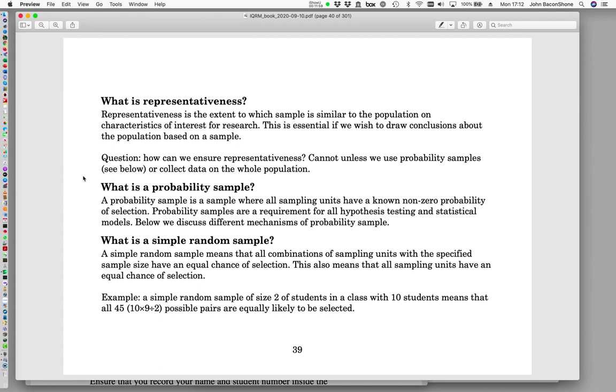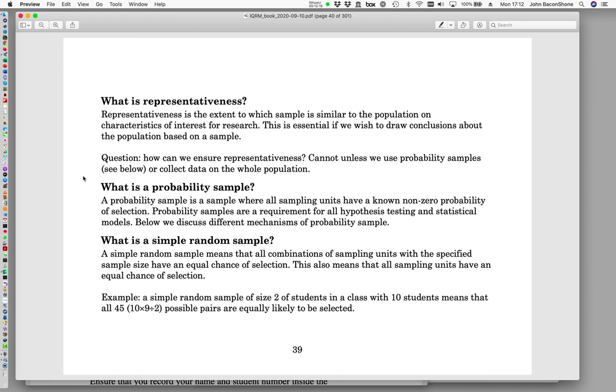So if you put the two pieces together, unless you make some adjustment, it would mean people living in big households have a lower chance of selection than people in small households. And in Hong Kong, small households are quite often elderly people living on their own.